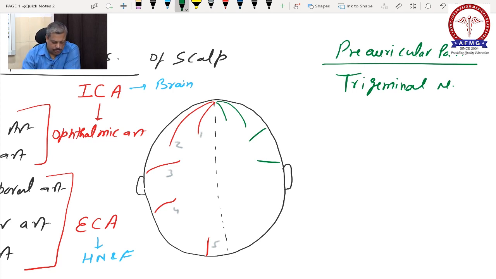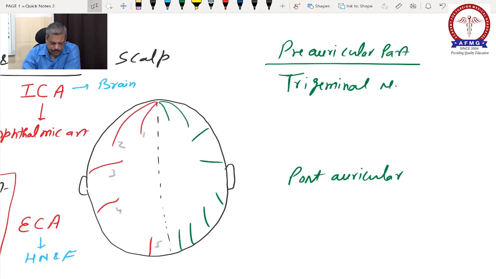And the post-auricular part is also supplied by 4 nerves. This post-auricular part is supplied by the branches of the cervical plexus.